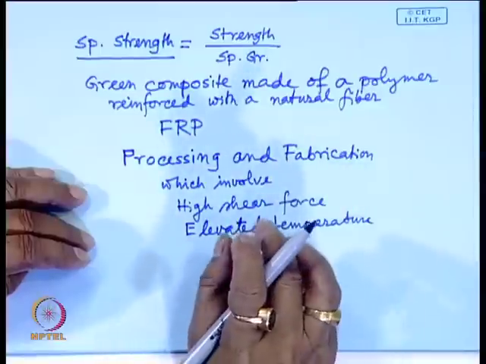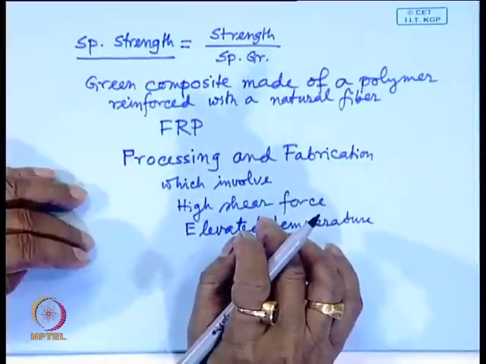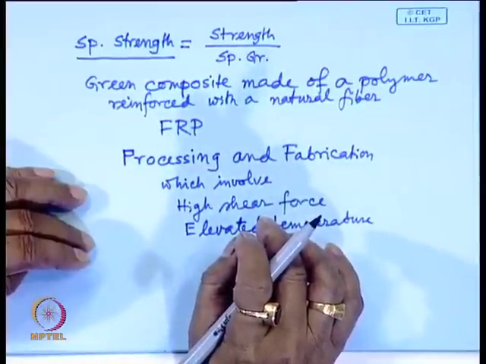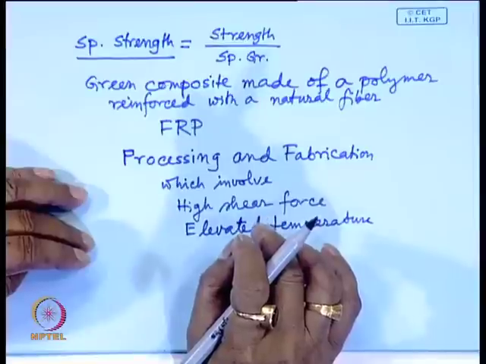Do you understand? Those processing machineries are, say, an internal mixer or a polymer blender or a two-roll mill for making the polymer compound, or a polymer kneader to make a polymer compound.